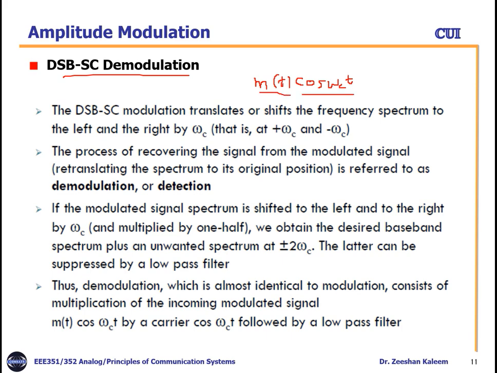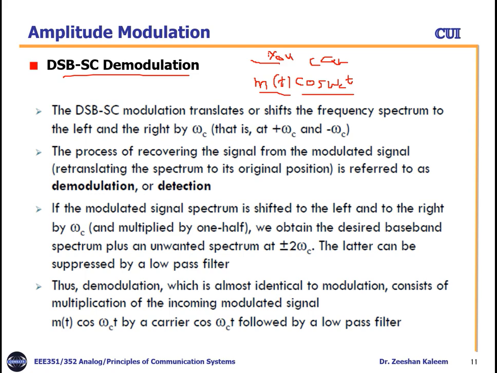Carrier means, for example, when you are going to another city, you usually use a car. So the car would be your carrier, and you would be the message signal. Any person riding in the car would be a message signal. So in the end, our target is to get that message signal back.